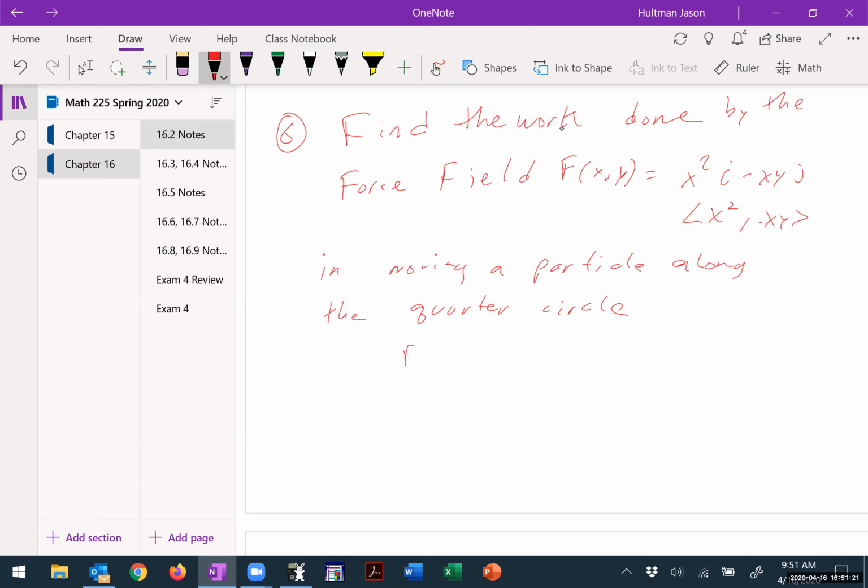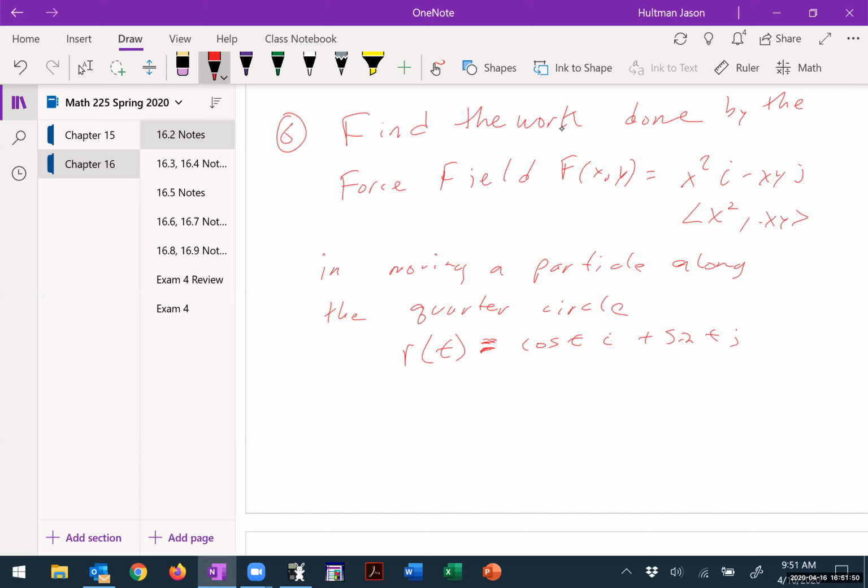But we want that as a space curve, so a parametrized vector, because we're dealing with vectors. So how would I parameterize the space curve as a vector? Well, it would be cosine t i plus sine t j.